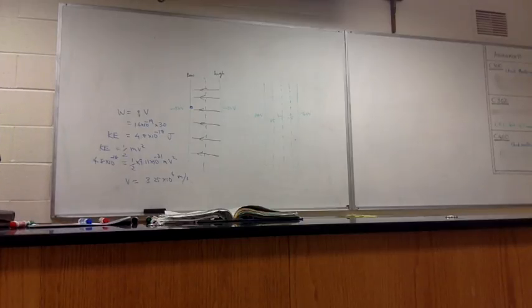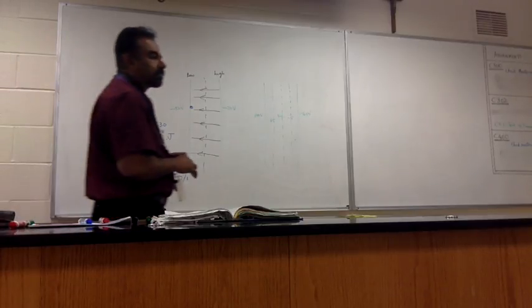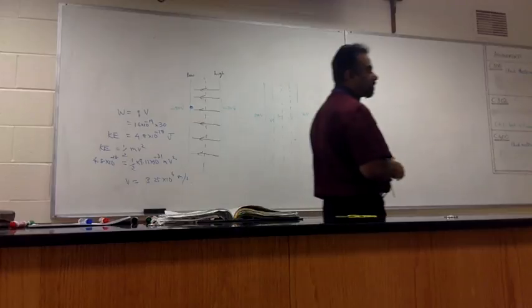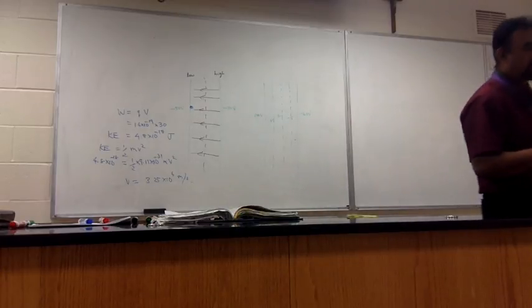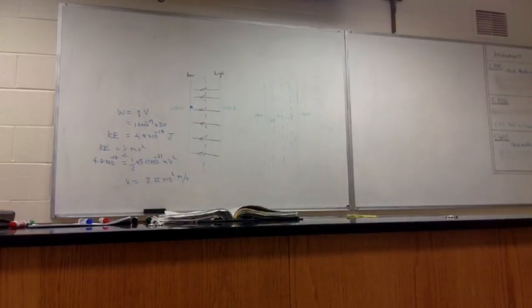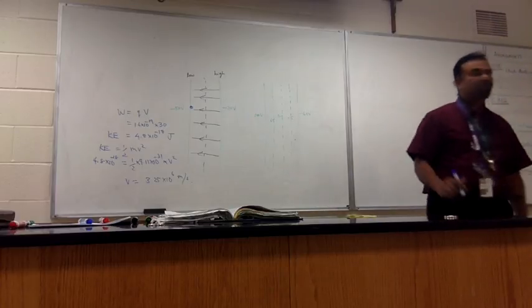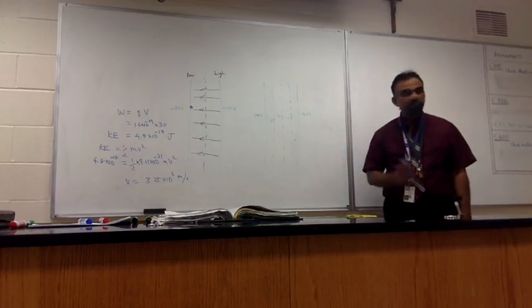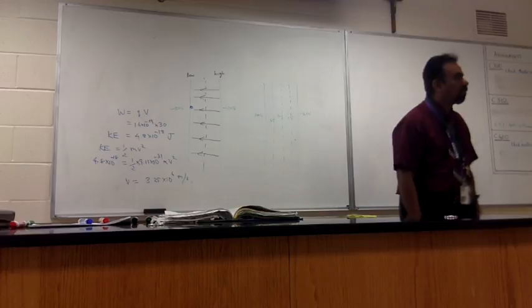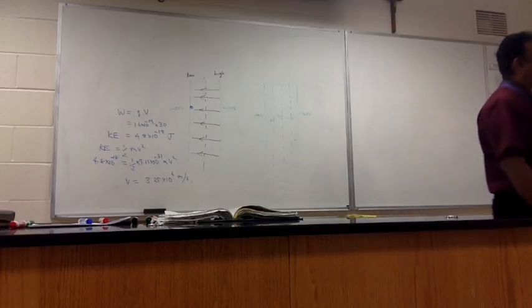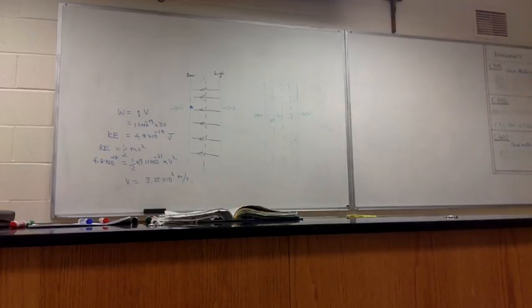Everyone make sure that you're getting the right answer. I don't know if it is right, but just check. All you do is equate half m v squared to the kinetic energy that you just got, and you can figure out how fast the electrons are going to crash onto the plate.